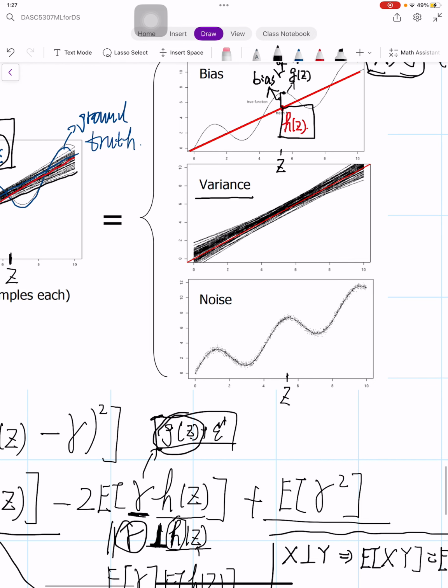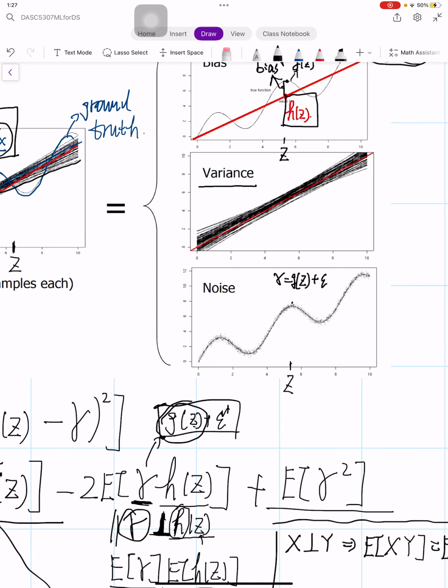And also we have the irreducible error term. When you simulate data, your gamma equals the ground truth at z plus the epsilon term. So here this point is the g(z) value, and this difference is called the variance of epsilon. No matter how accurate a measurement you take, there are some small errors in the observed data.